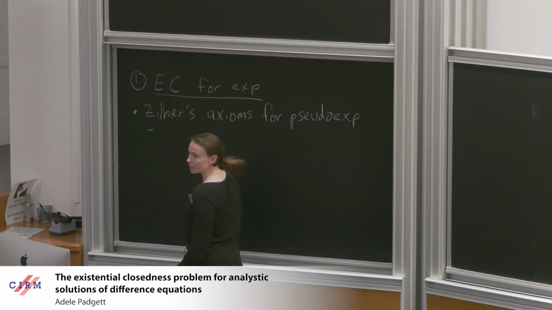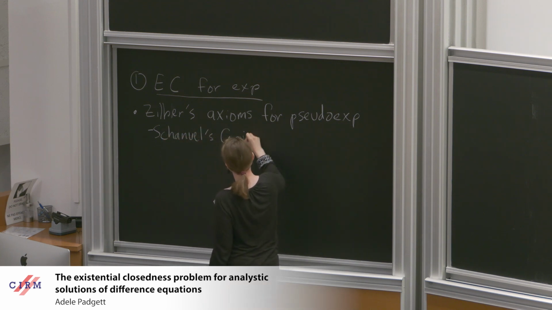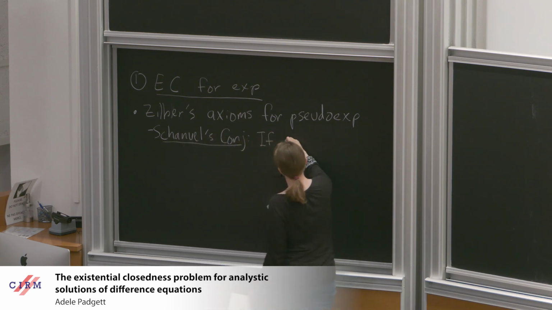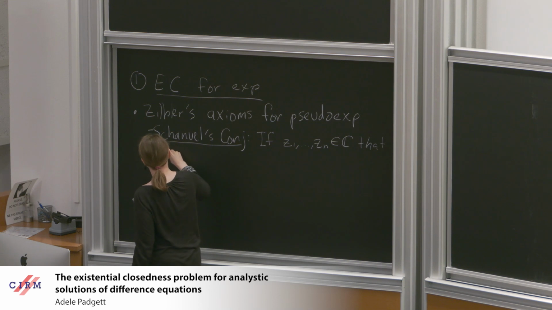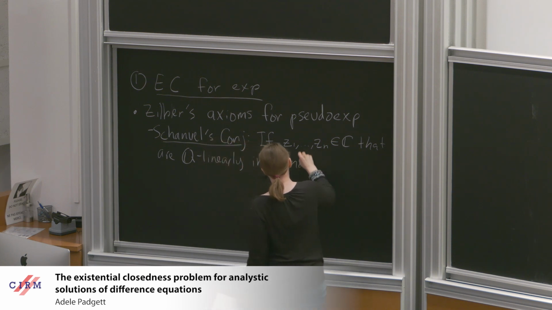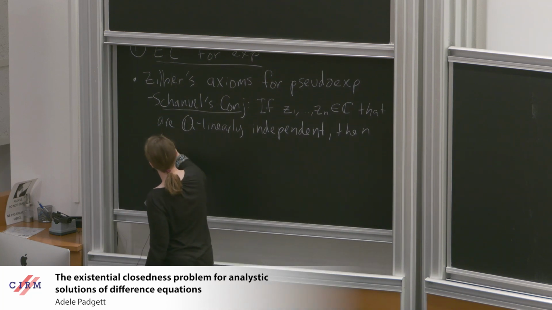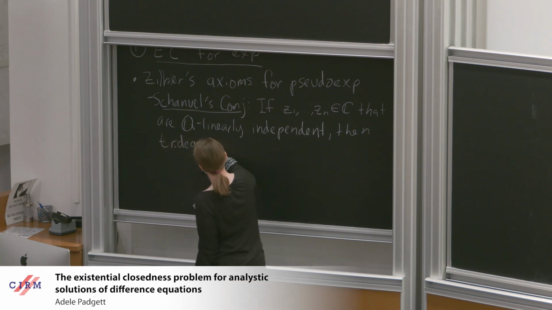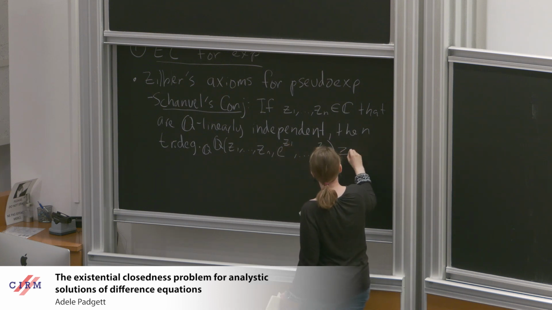First, Schanuel's conjecture. So this says that if z1 up to zn are complex numbers which are Q linearly independent, then the transcendence degree over Q of Q with these z's and their exponentials is at least n.